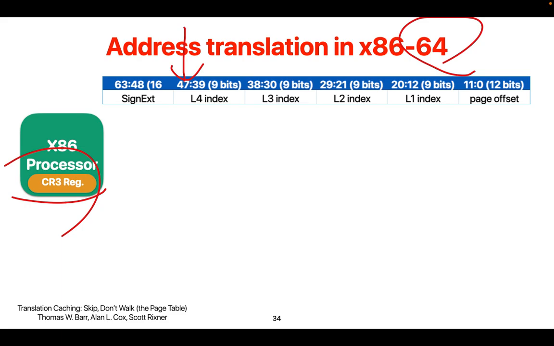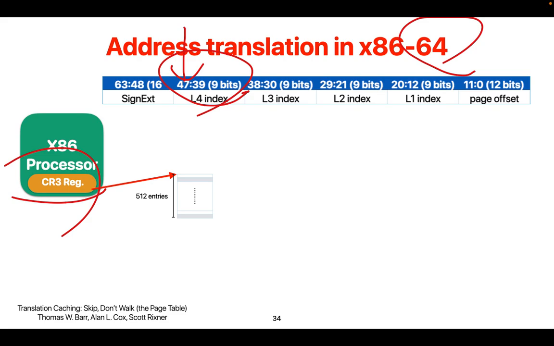And this CR3 register is nothing but a memory address pointing to the root node of the hierarchical page table tree. This root node is again a 512-entry page table node that would point to the next level. But how do I know where in the next level I should visit? You use this part of the index.